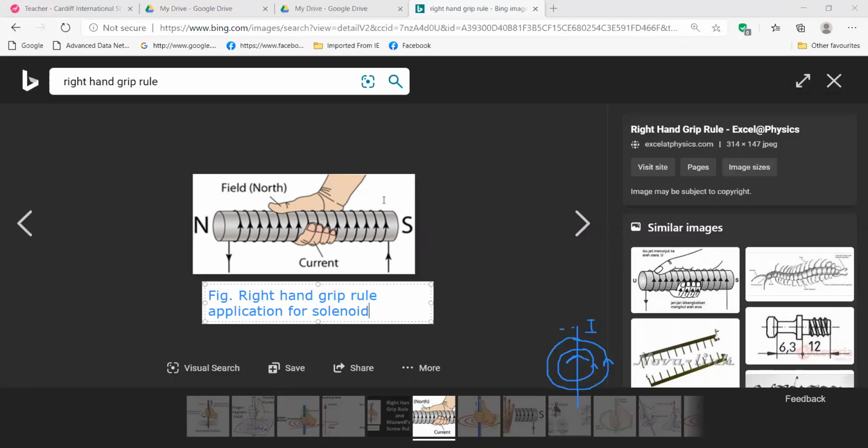It happens to me also, I cannot draw the hand. So if you can draw, then you draw it. That will be nice. Otherwise, you label this one as thumb, and here the other fingers. Other fingers are showing you current direction, and thumb is showing you North Pole.